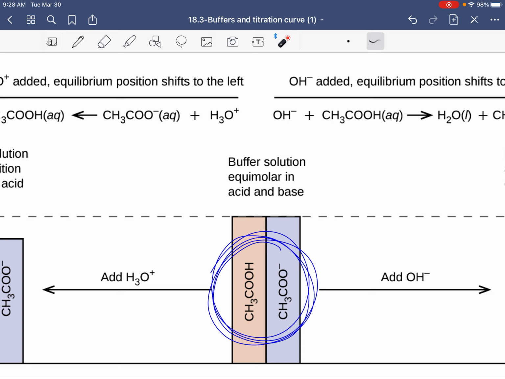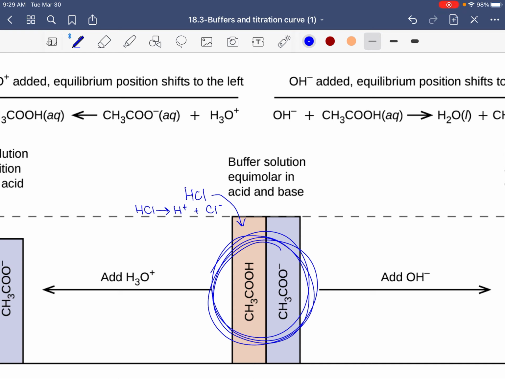So, let's say some dude adds some HCl into this. Oh my God, why would you do that? Okay, well, no matter at all. HCl dissociates to give you H plus and Cl minus.